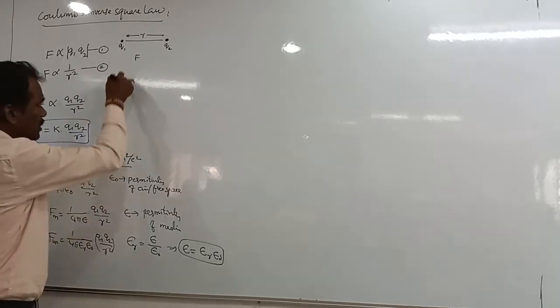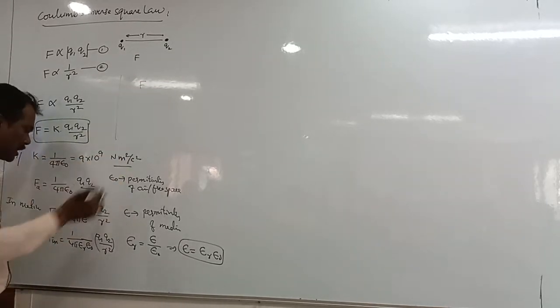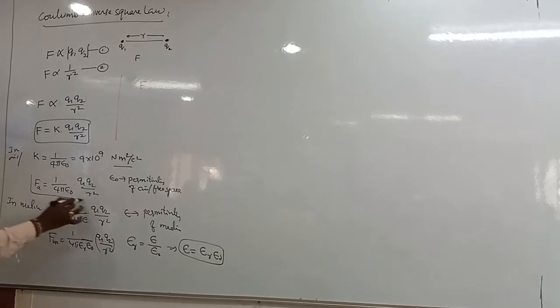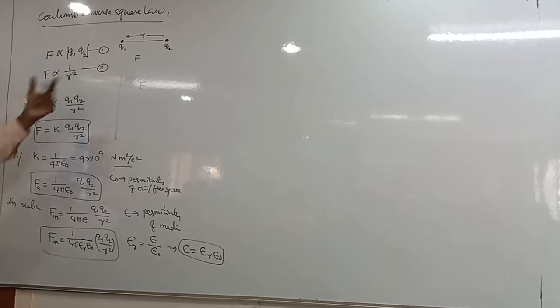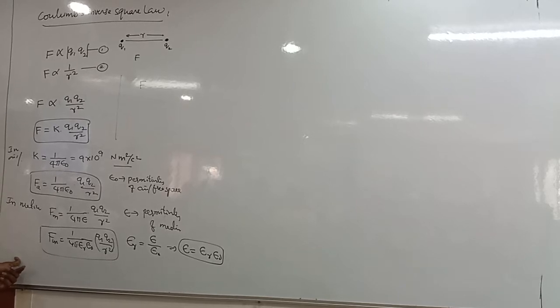So you can give the conclusion here when you compare air to the medium, right? Which force is greater here? The force in the air or free space is more when compared to the medium, isn't it? So how many times is it greater here?